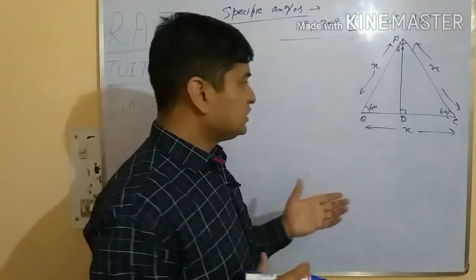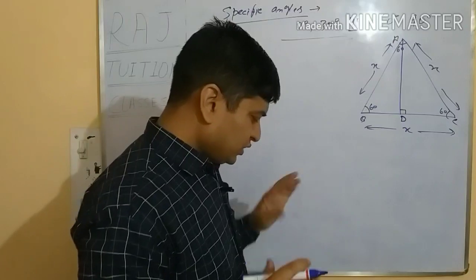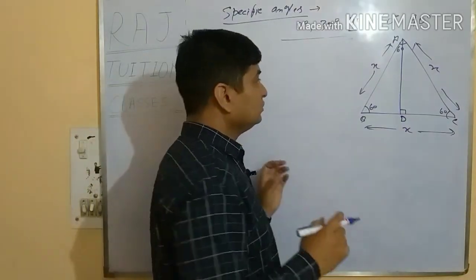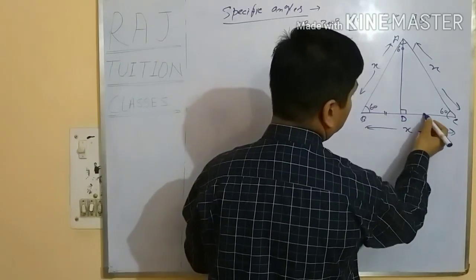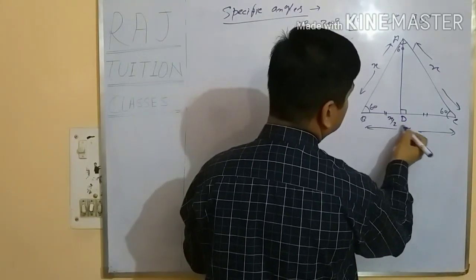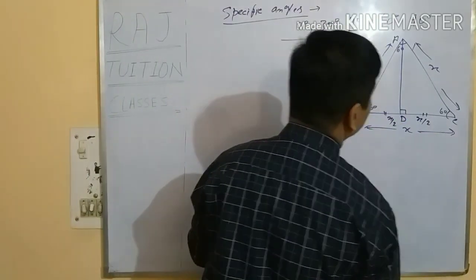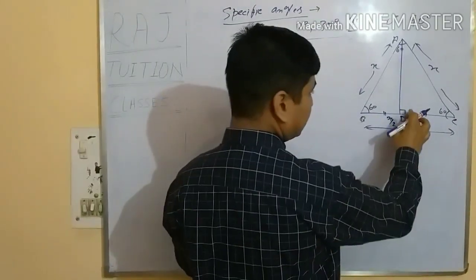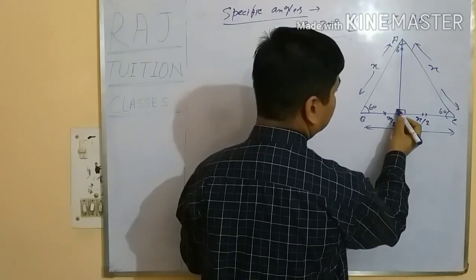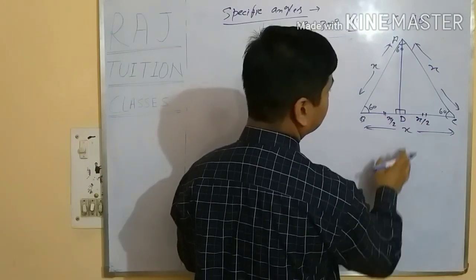We have proven it so many times, so we are not going to bother about it. Just consider it as a median. So these sides are equal, x upon 2, x upon 2. And because this angle is 90 degrees, by linear pair this will also become 90 degree.